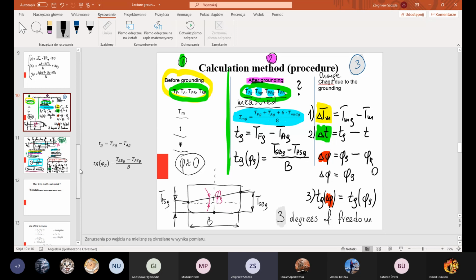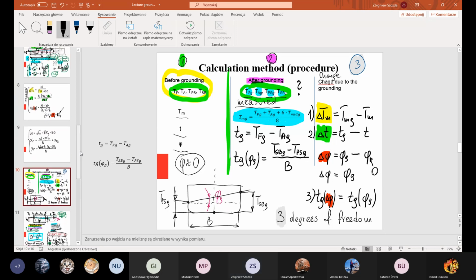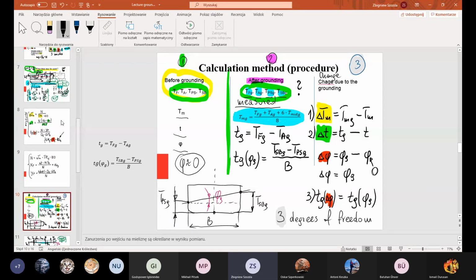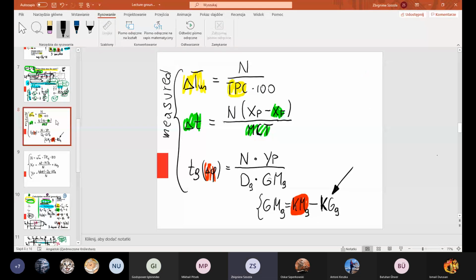If so, the next step should be very easy, not difficult. How can we calculate the change of mean draft after discharging weight? We can use TPC. The change of the mean draft is the weight that has been loaded or discharged from the ship divided by TPC divided by 100.